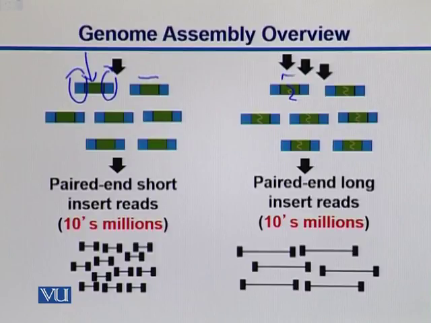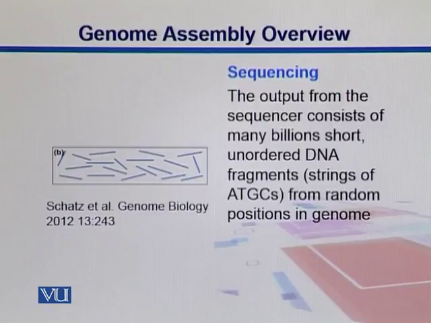So we have long inserts here. Both of them are obviously paired end reads, and sequencers produce tens of millions of reads on both sides. So the output from the sequencer consists of many billion short unordered DNA fragment reads. The sequencer gets back to us with that large number of short reads.